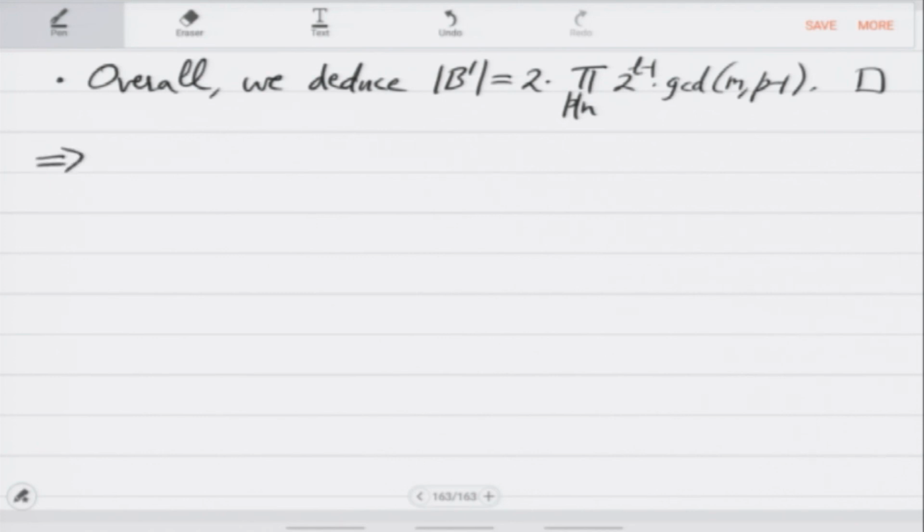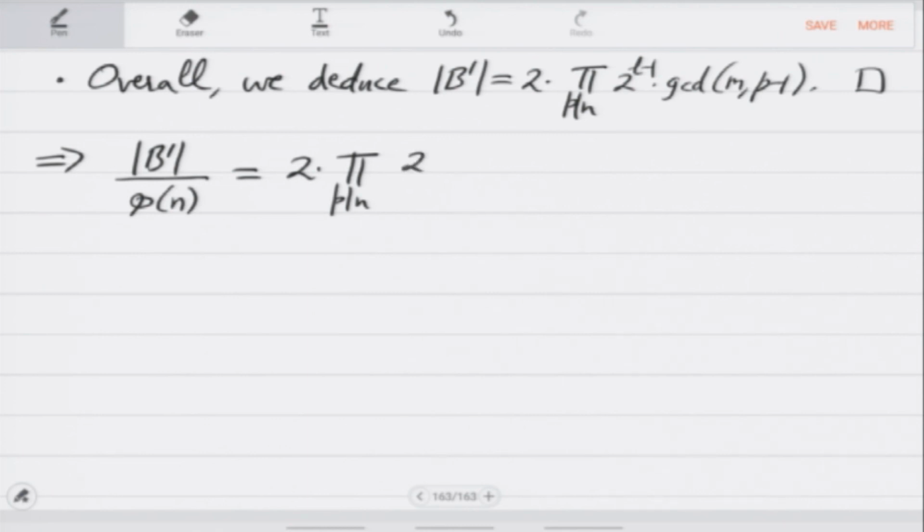Now let us look at the ratio of this B prime size with phi n. What is the ratio? So phi n can also be factored over the primes.